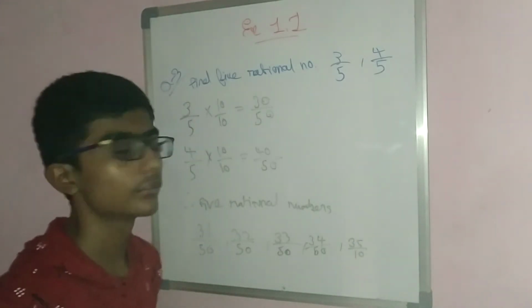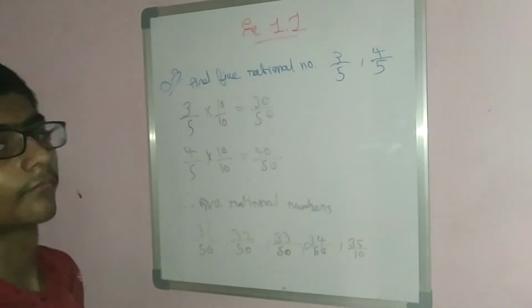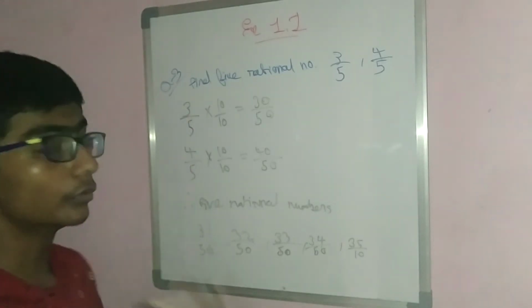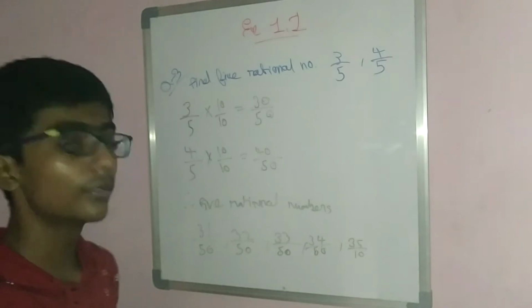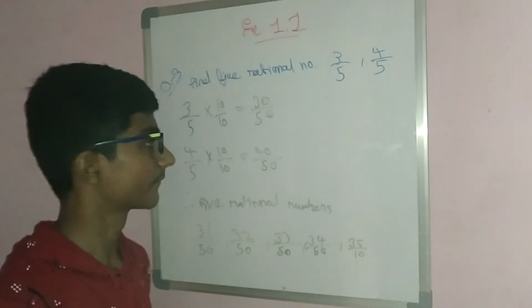So here are the 5 rational numbers. Now you would probably know how to find rational numbers between any two rational numbers.